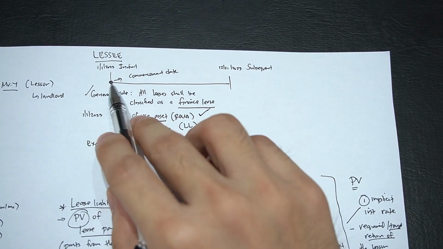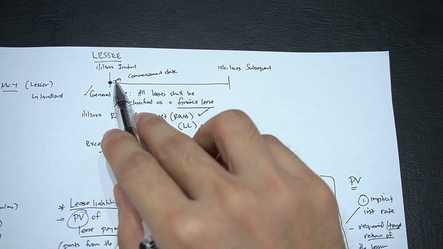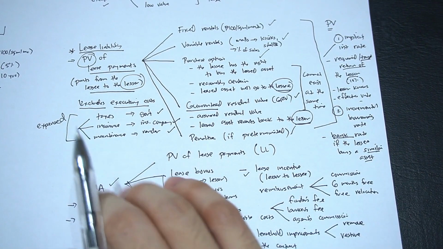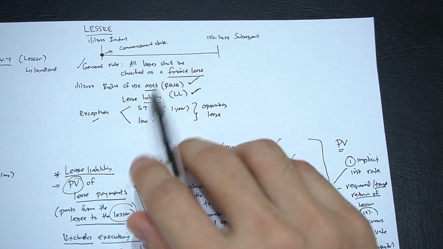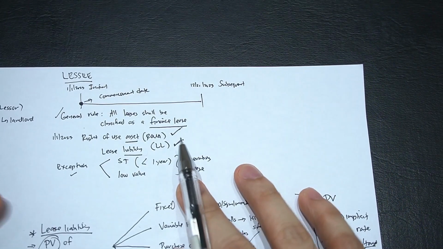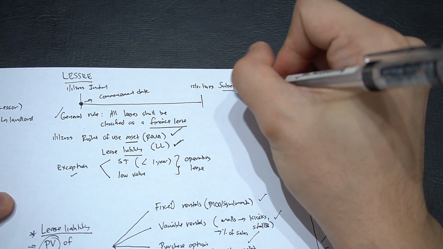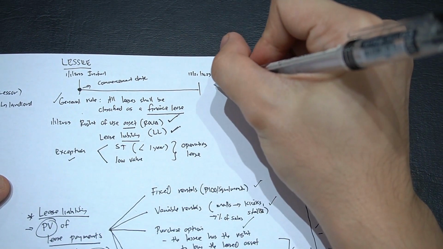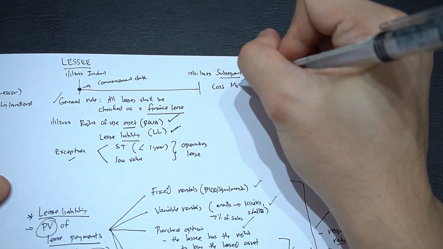Ulitin ko, at the start, initial measurement is we debit right of use asset. Okay na tayo dyan. We credit lease liability. Ito siya. Got it? Now, yun yung initial measurement. Sa subsequent measurement, every December 31, okay, ang usual na model na ginagamit dito is the cost model.